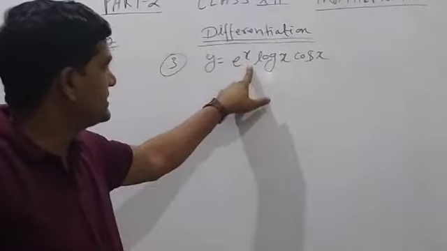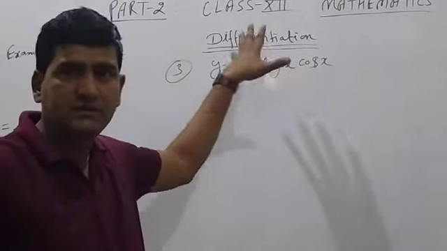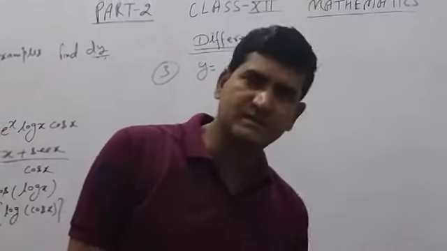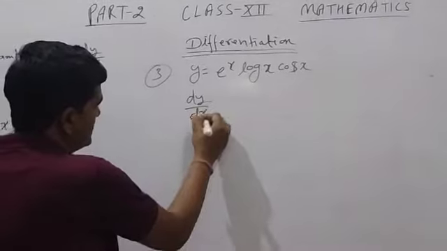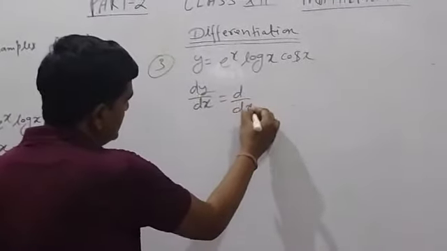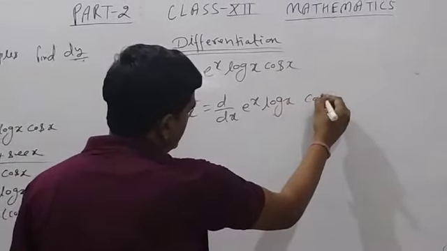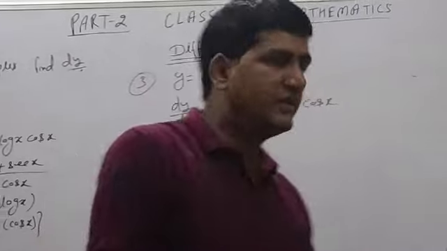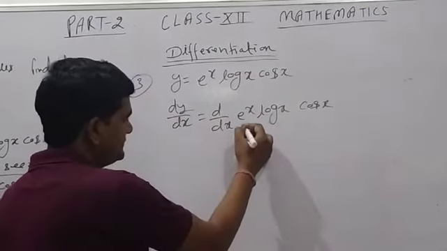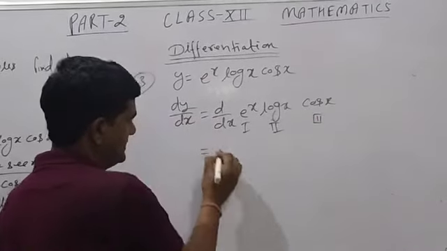y is equal to e power x into log of x into cos of x. This question is in the form of a product of three functions. Then dy by dx is equal to d by dx of e power x into log of x into cos of x. Now I have given the formula for this example. Let these be the first function, second function and third function.